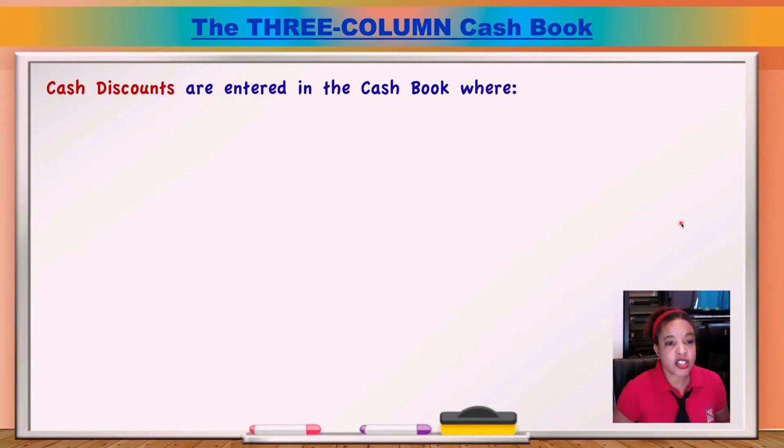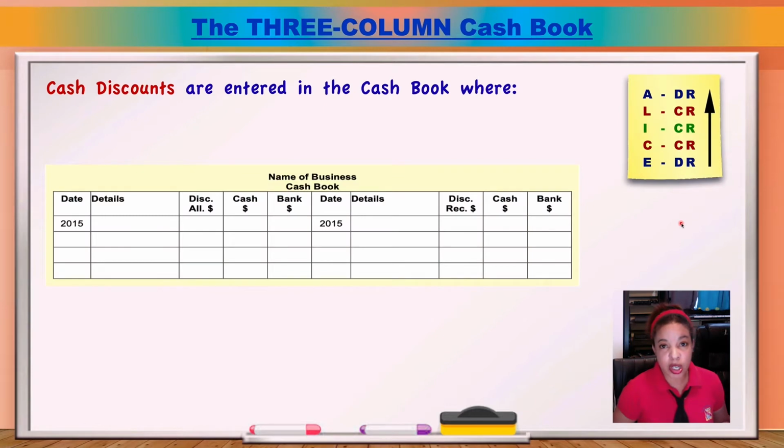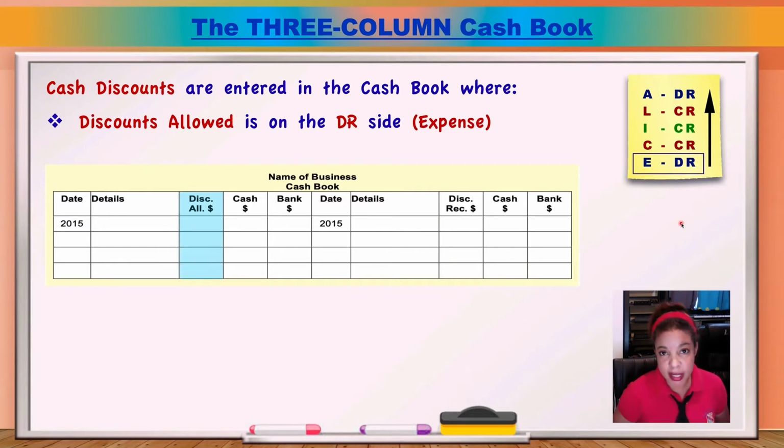So in terms of the cash discounts are entered in the cash book. Cash discounts are entered in the cash book, not trade discounts. So the cash discounts are entered in the cash book where discounts allowed is on the debit side because it is an expense. Just think about it, right? If you are giving them a discount, which means you are getting less than is actually owed to you, that means that you're basically writing off that discount as an expense because you're not getting that money.